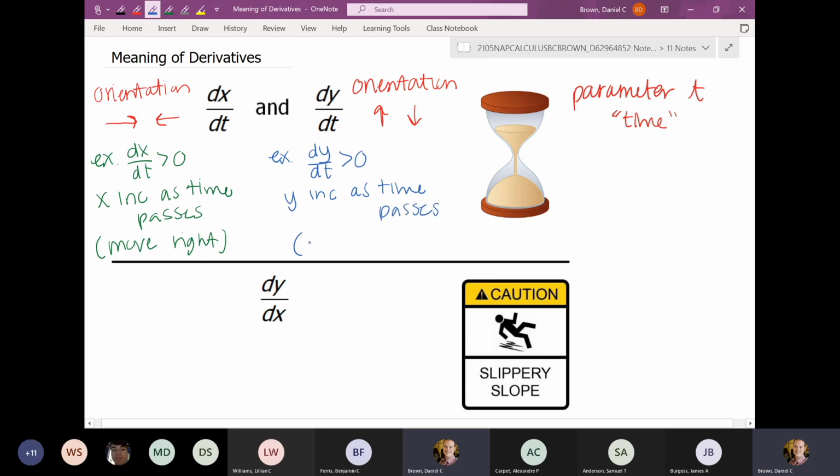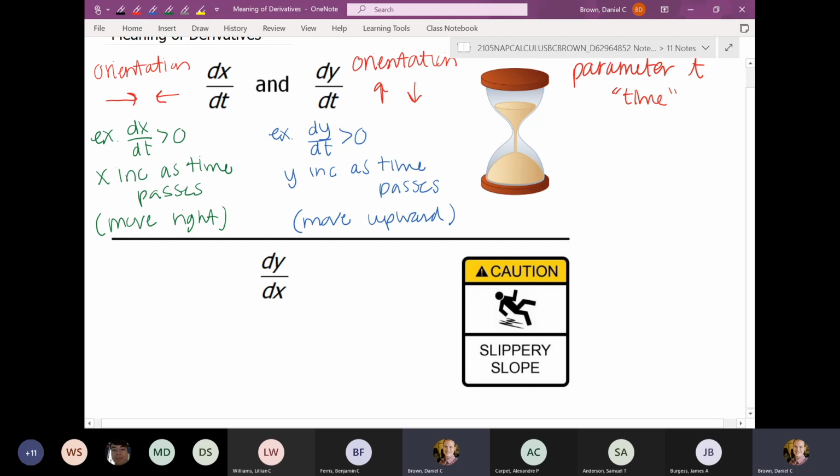Or basically know that this is going to move upward. So as you graph this one, as t is increasing, then this graph will be moving upwards. And basically the dx/dt and the dy/dt work together to talk about the actual motion of the curve.